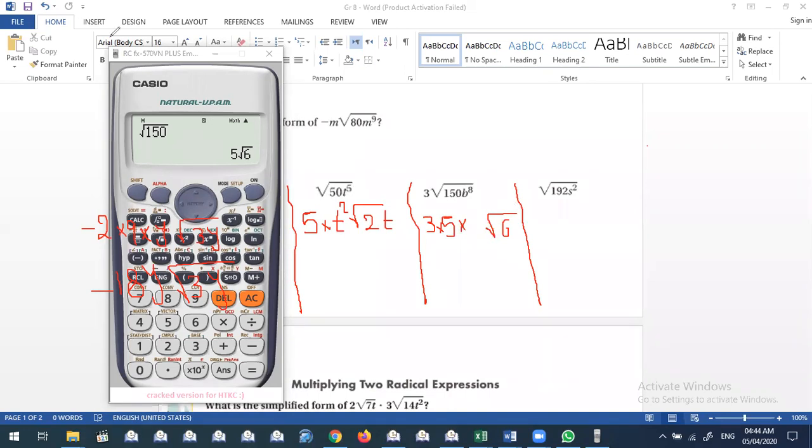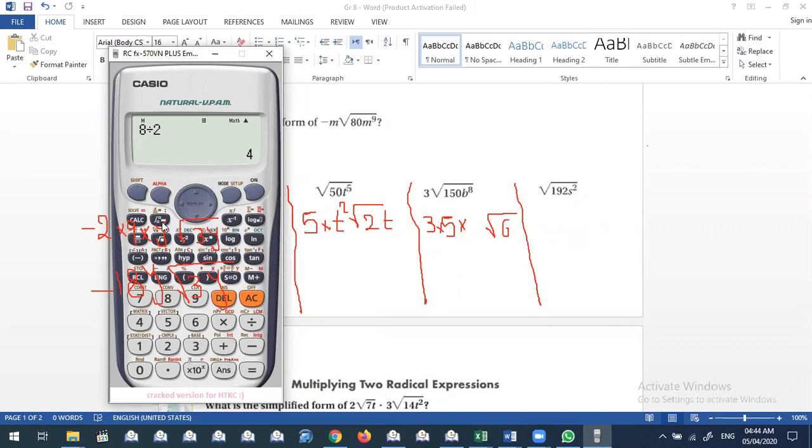Now don't forget the letter. The letter is b power 8. So I'm going to make 8 divided by 2. Here we don't have a mixed number. We already have a whole number, so there is no letter inside the square root.